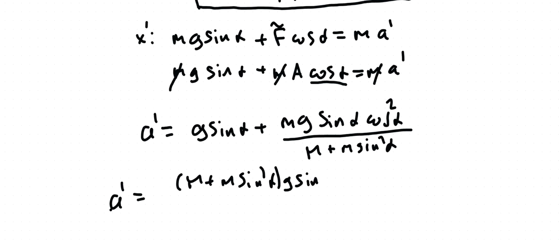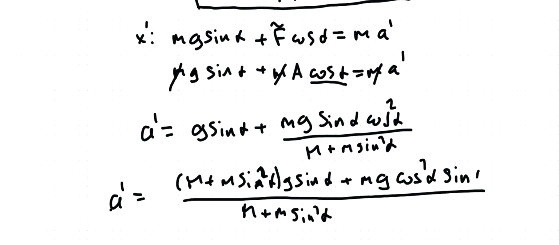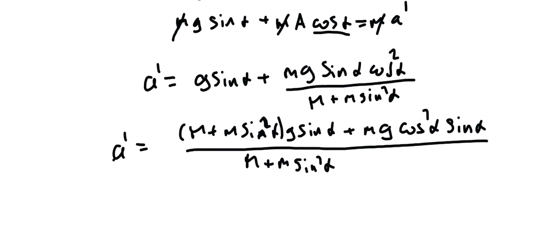Sorry, let me fix that, so that's an M. That's divided by M plus m sine squared alpha plus mg cosine squared alpha sine alpha. Okay, and if you inspect this a little bit, you see that we have a small m sine squared alpha g sine alpha and a small m cosine squared alpha g sine alpha.